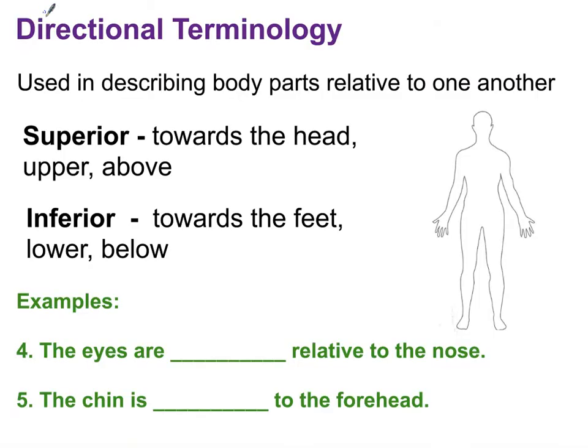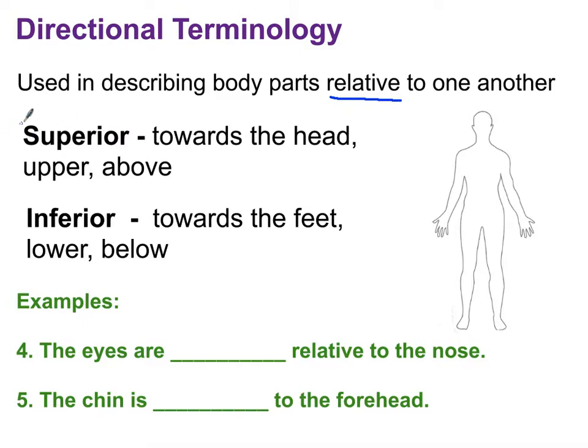The very first set here is superior and inferior. Remember, all of these terms we're talking about are used when we're describing body parts relative to one another. When you hear the word superior, what do you think of?